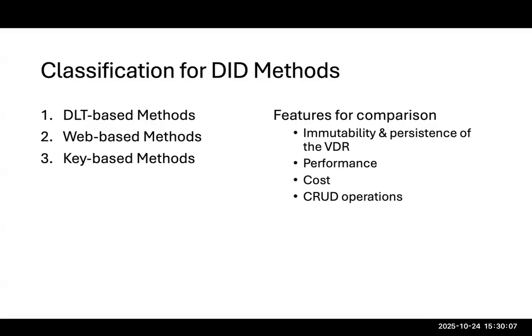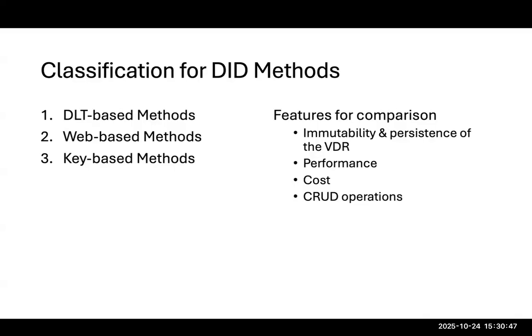So we will see one of them, but at the end we will discuss the differences between the 3 in terms of some indices, performance indices, or features. And what are the features that let us really compare the 3 different solutions? For sure, how immutability and persistence are implemented in the VDR.